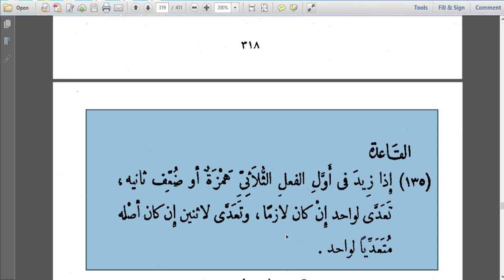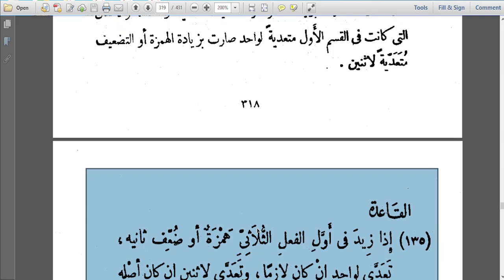If it didn't require مفعول به and we add hamza in front of it, or we double the middle letter by adding shadda, it now becomes متعدية, it calls for one مفعول به. وتعدى لاثنين إن كان أصله متعديا لواحد, and it becomes متعدي لاثنين if it was originally transitive but its مفعول به is one.